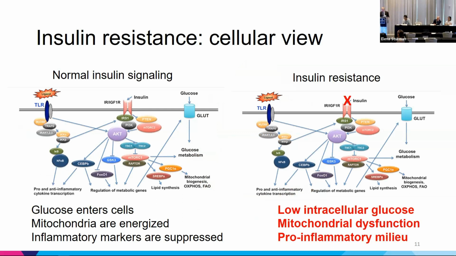So if the signaling is abnormal, then your intracellular concentration of glucose will be low. This has implications for mitochondrial function because the mitochondria require glucose to run. They're like the little batteries inside your cells. Also, it allows a more pro-inflammatory milieu to develop, so it can contribute to neuroinflammation.